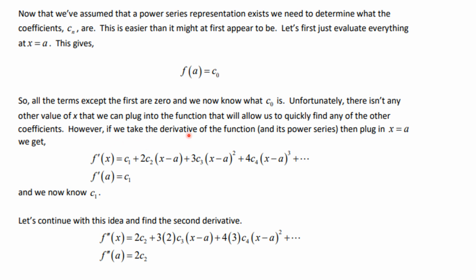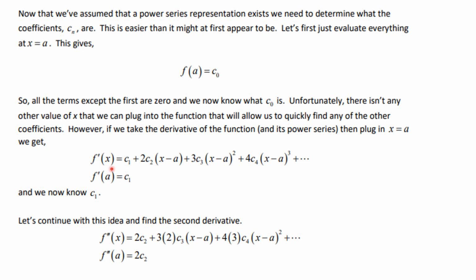However, if we take the derivative of the function and its power series term by term, and then plug in x equal a, we get the following. When you take the derivative, the constant term drops out, and the derivative of x minus a to the first power is 1.